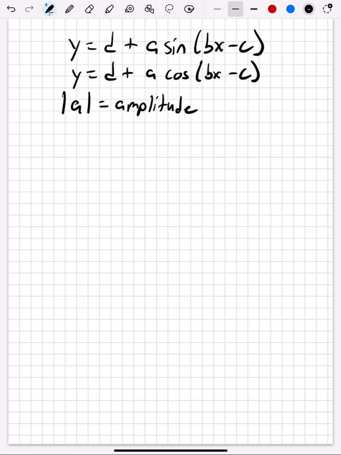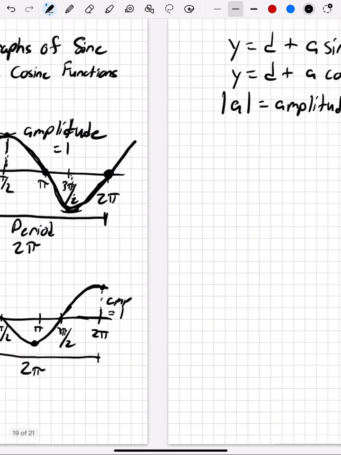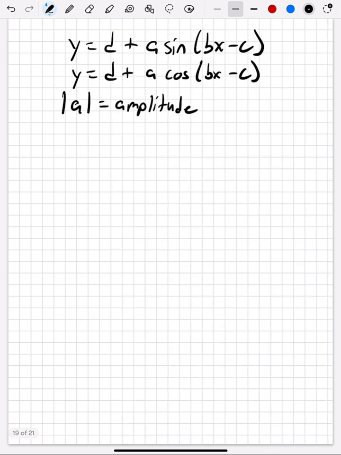Since our period, as we showed in the two drawings, is 2 pi, this b is going to have to do with the period. It's going to affect the length of the period by either shortening it or extending it. So the period is always just 2 pi over b.